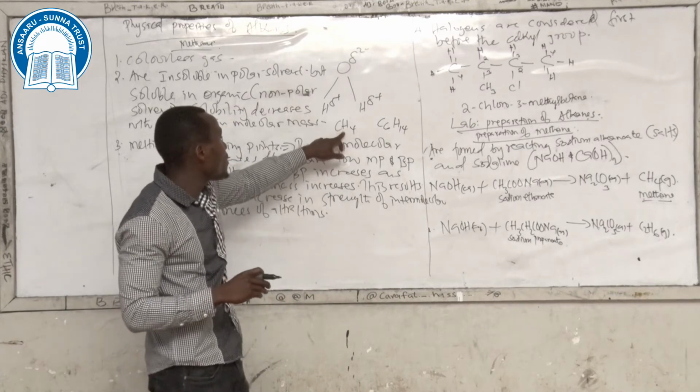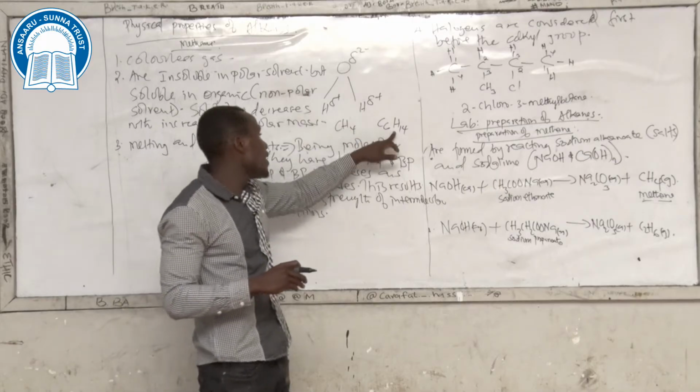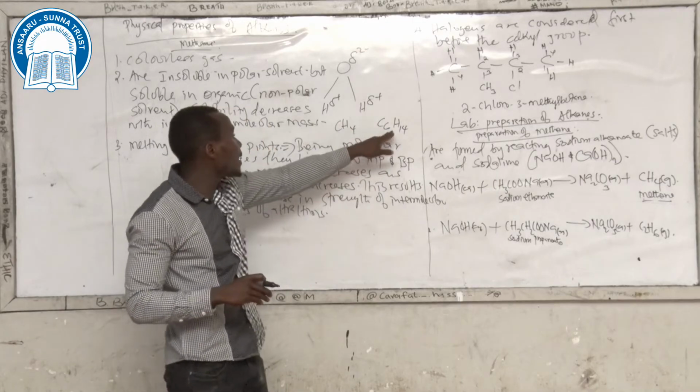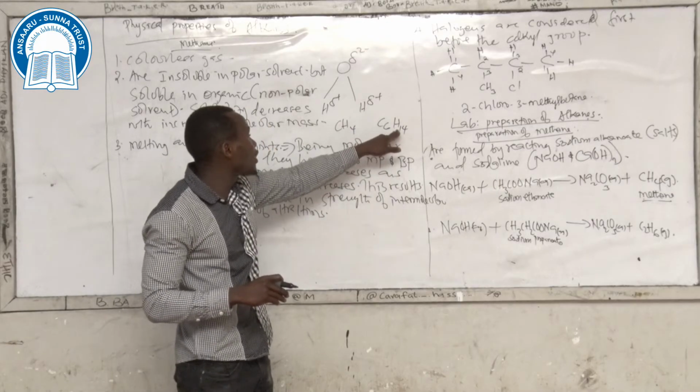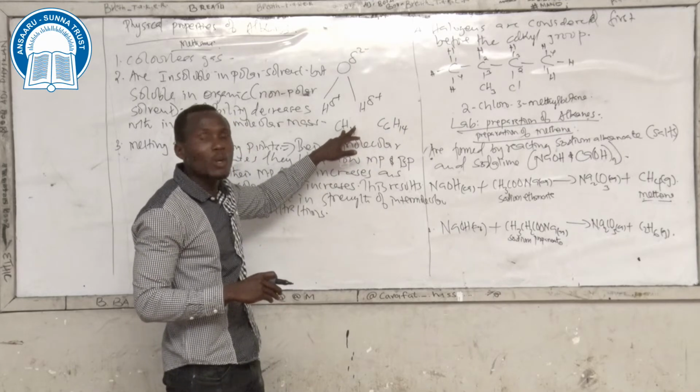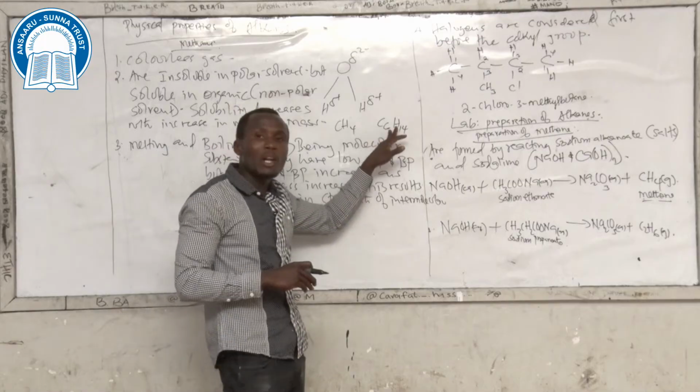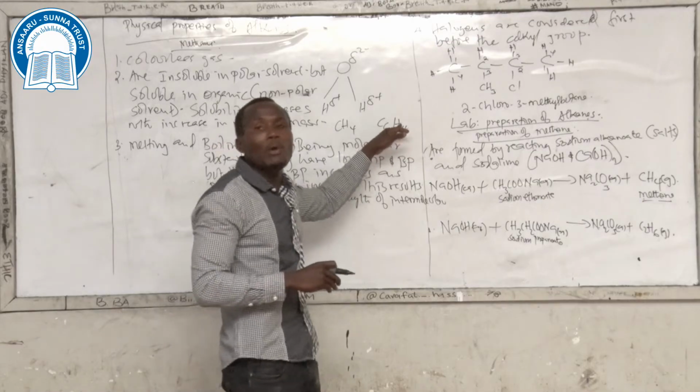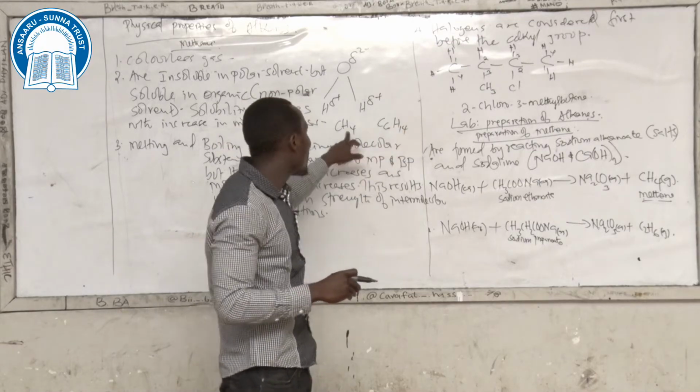Just like if we have methane and hexane here, you find that hexane has a higher melting and boiling point than methane. This is because hexane has a bigger molecular mass with stronger intermolecular forces of attraction than methane.